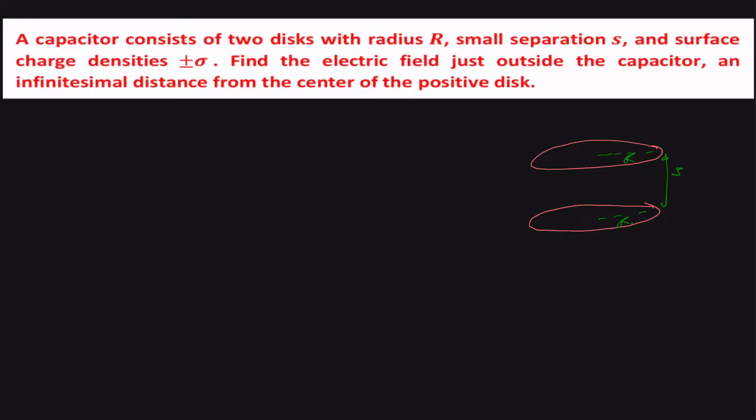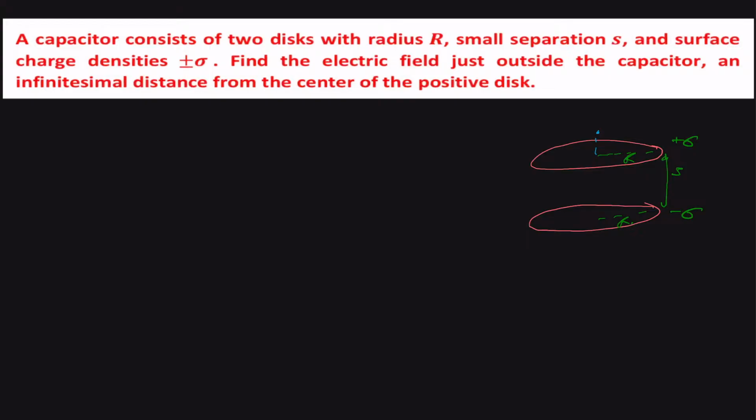The surface charge density of the top one is plus sigma, and the bottom one is minus sigma. We have to find the electric field at the center, a small distance from the positive disk. So we have to find the electric field somewhere here, a small distance from the center of this top plate.